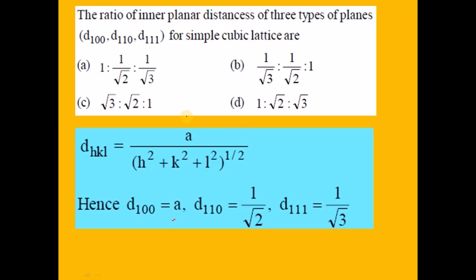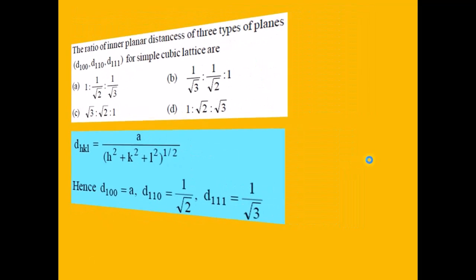The next one, d110: substituting 1 for h and 1 for k, it becomes a by root 2. The third one, d111, is a by root 3. In the ratio, a will get cancelled. So it is 1 : 1/√2 : 1/√3. So option A is the right option for this one.